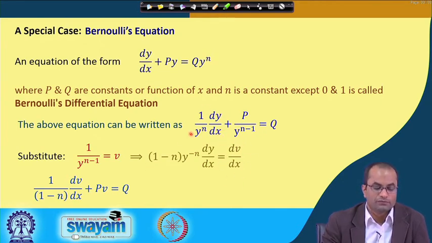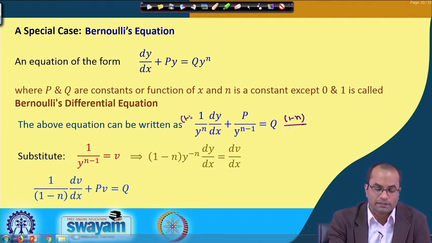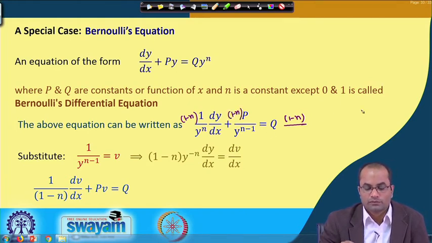So, we can think in this way. We multiply this whole equation by 1 minus n. We have multiplied here by 1 minus n, here also 1 minus n, and there also 1 minus n.